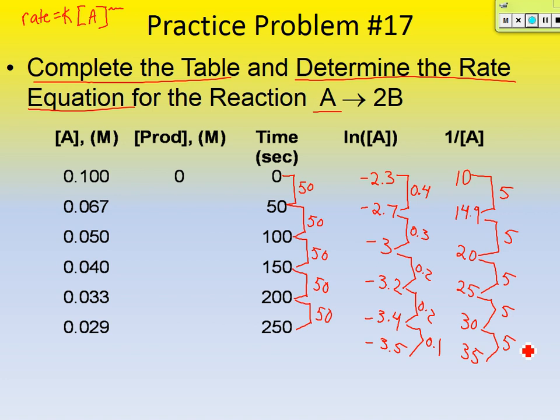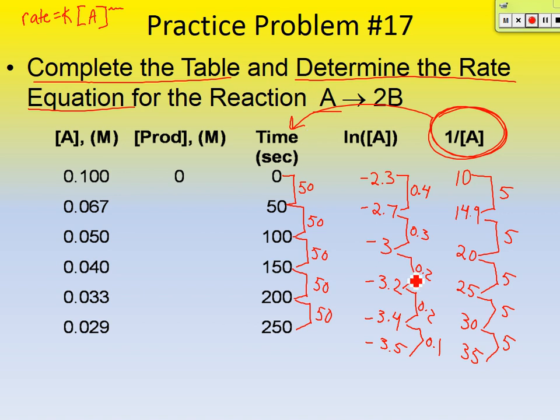Now, which one, guys, is going to give you a straight line if you were to plot it versus time? Good. I'm hoping that you're saying to yourself, this versus time will give you a straight line, won't it?